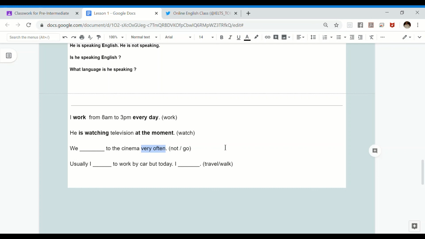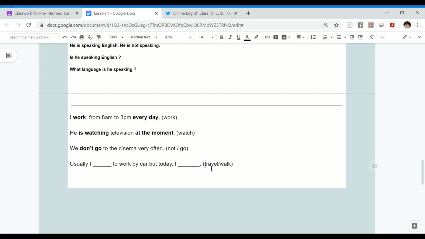It's present simple. So how do we make the negative present simple and go? We don't go to the cinema very often. Let's make that bold and go on to the last one.